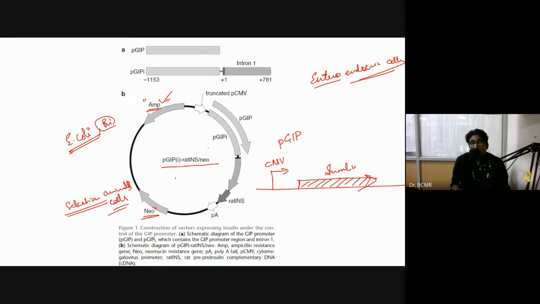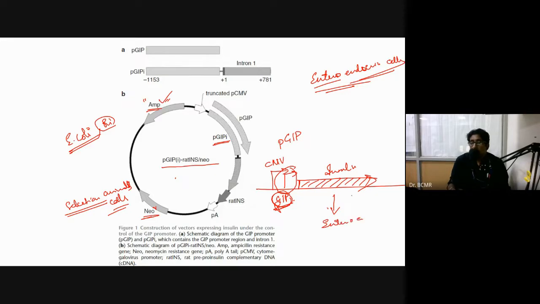They also have a promoter for GIP, because GIP is produced in enteroendocrine cells. If they put the promoter for GIP, this is the important thing, it would be produced within enteroendocrine cells.